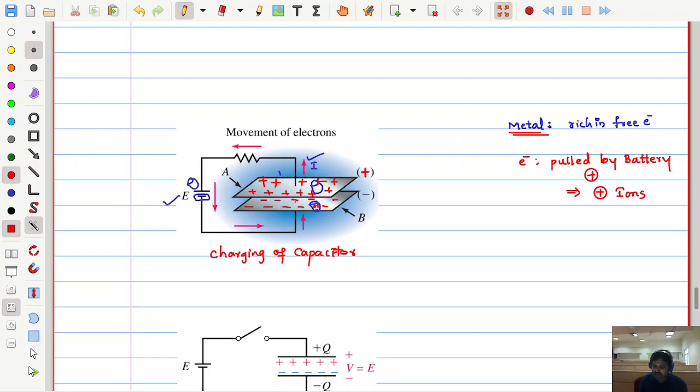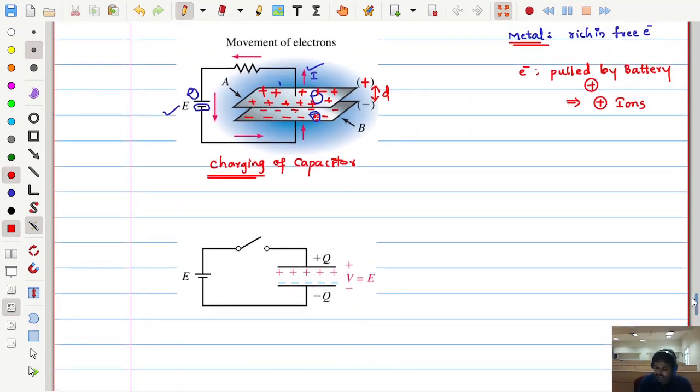To do this charge deposition, the battery has to do some work. The rate of work done we call energy. Energy is given to these conducting plates which are separated by a distance of d. This energy giving process we call charging. The battery is giving the energy to the capacitor.